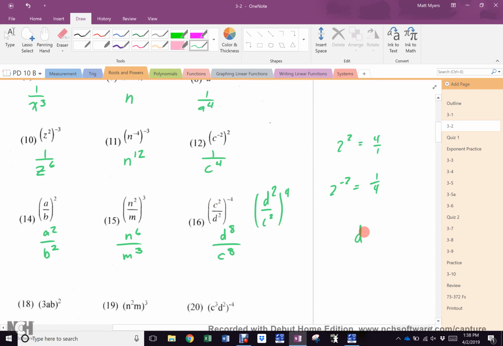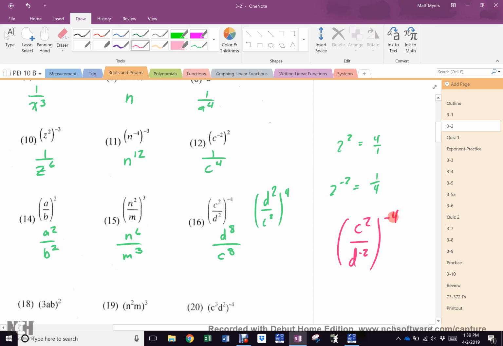Let's say I had c squared over d to the negative 2, all to the negative 4. And I want to do the reciprocal trick. Okay, what's the base here? C squared over d to the negative 2, all to the negative 4.